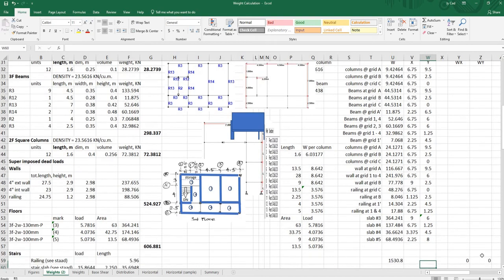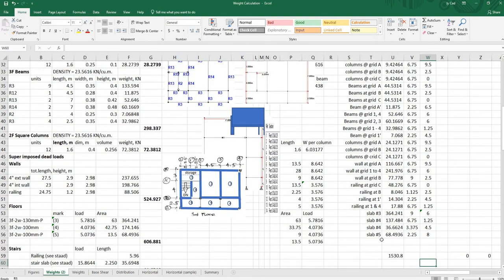And then, finally, we have the stair loads. But before doing that, let's check the sum of the floor loads or slab loads. So 606. Okay, so they are the same. And finally, we have the railing and the stair slab. So this is simply equal to 5.96. It is a concentrated load.